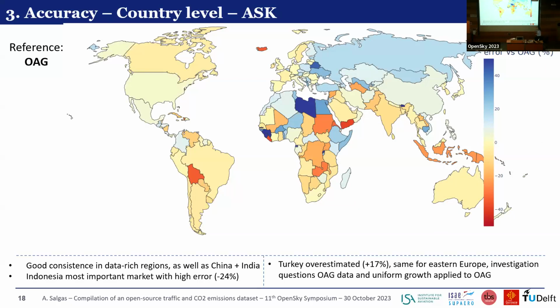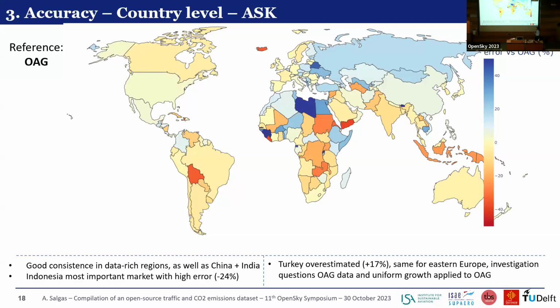The most problematic market is Indonesia, because it's quite an important market for aviation, and we still have a 24% underestimation in this country. Maybe because, compared to other countries, it is a country with a lot of islands, meaning that, everything being equal, aircraft will be used more for national flights in this country than in other countries.